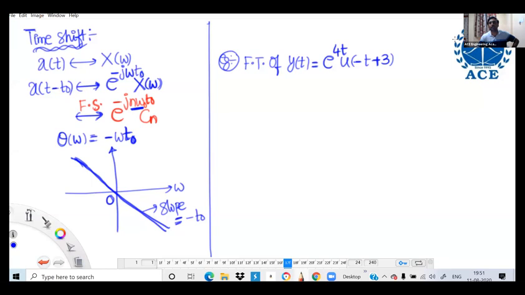I want the Fourier transform of e^{4(t+3)}u(-(t+3)). Think and answer me. Think whether it is right shift or left shift.